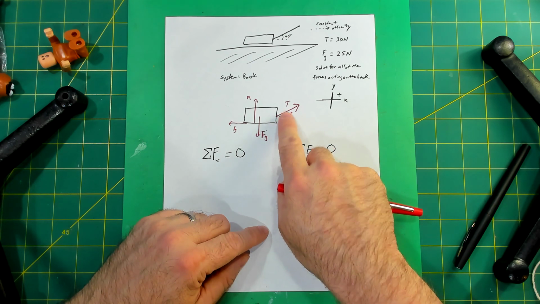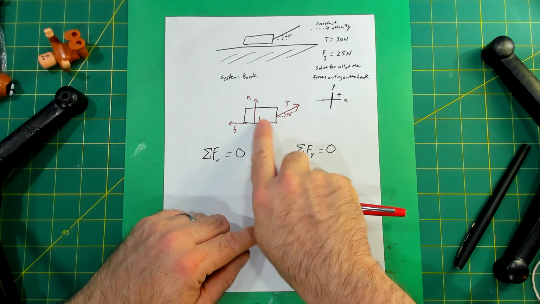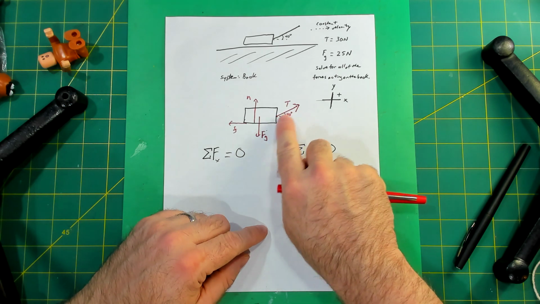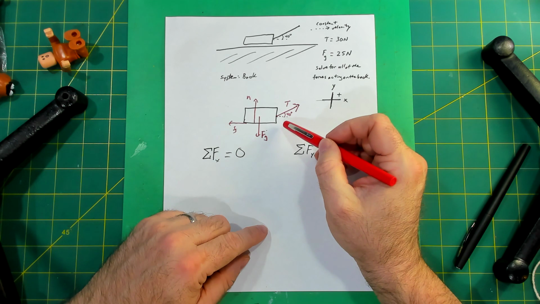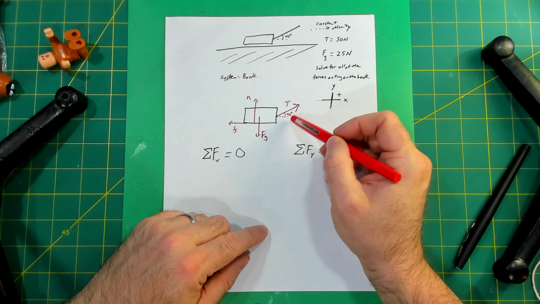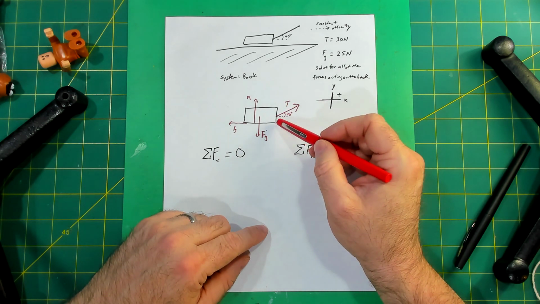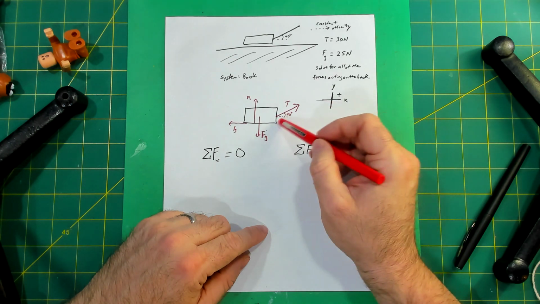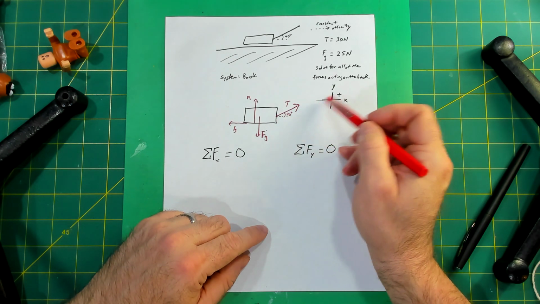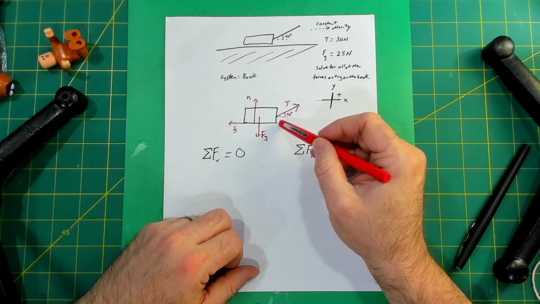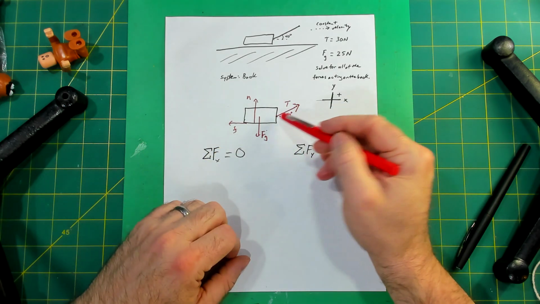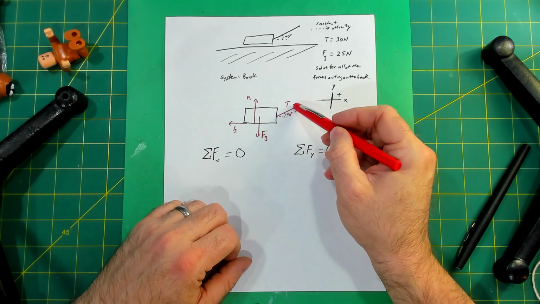Okay, so not all of the tension is tugging to the right, just part of the force is to the right. So what I need to do is show the pieces of the tension, the components, the piece that's going along the x-axis to the right, and the piece that's going parallel to the y-axis going up. And so to do that, I'm going to draw two arrows, one for the horizontal part and one for the vertical part of the tension.